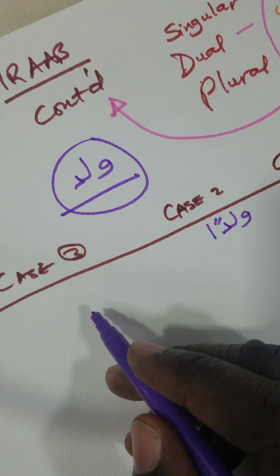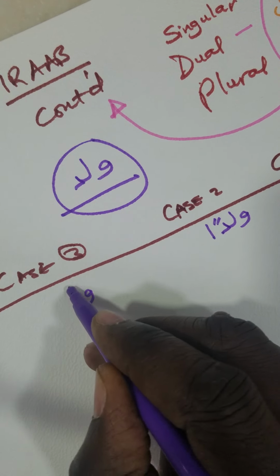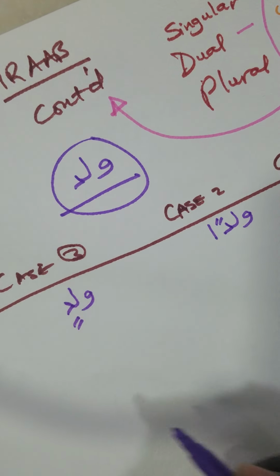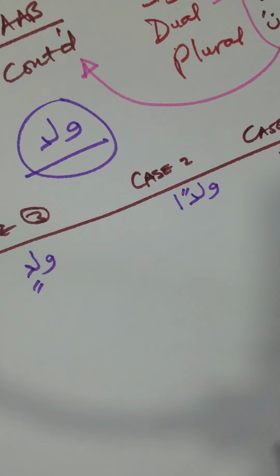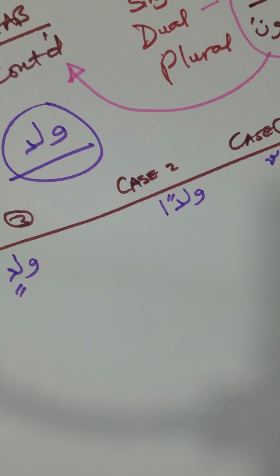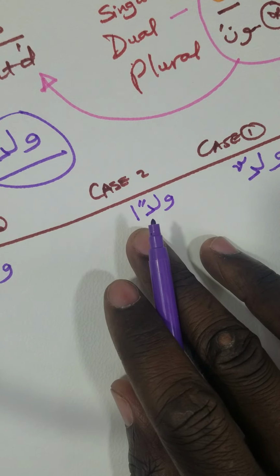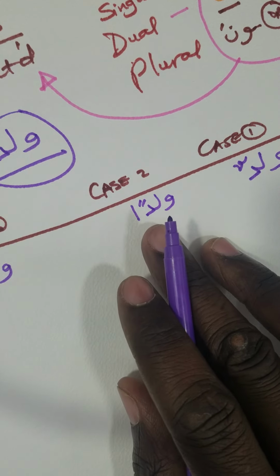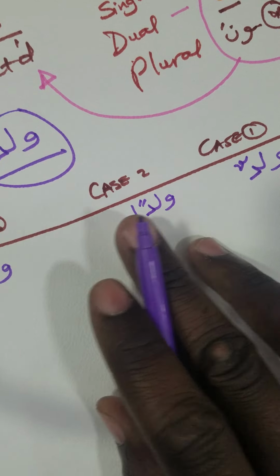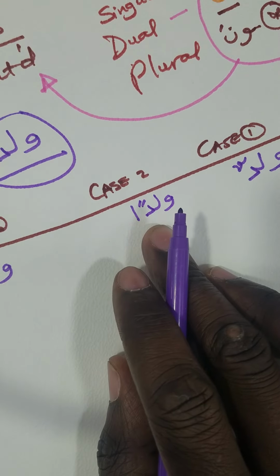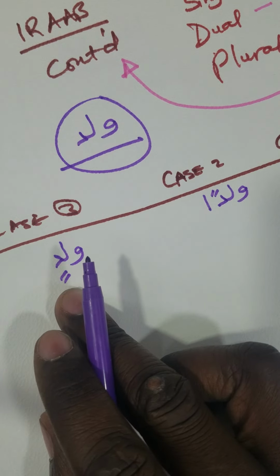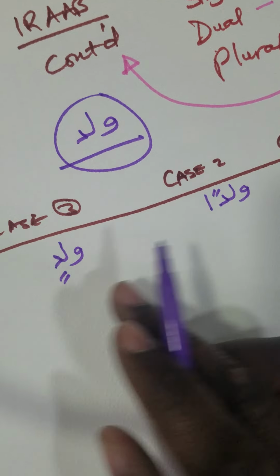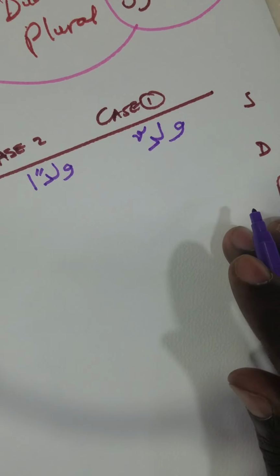Third case will be waladin. Okay, is that pretty easy? When you look at waladan, you'll know this is the word walad in case 2. When you see waladin, you'll see this is case 3. And it has a reason. We are going to see. It is even going to be easier if you master these charts.